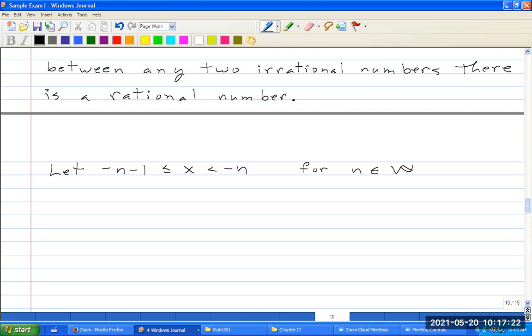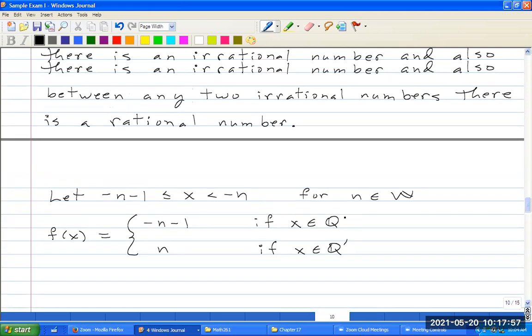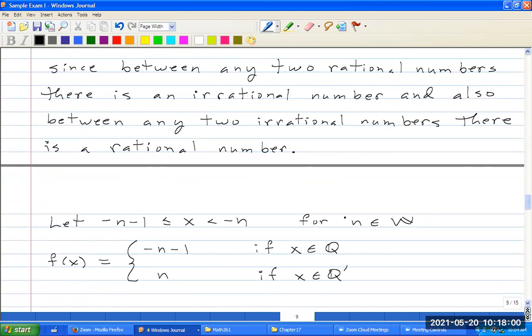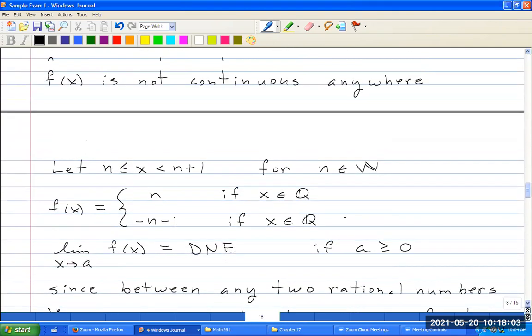Then f of x is equal to minus n minus 1 if x is rational, and it's equal to n if x is irrational. Unfortunately, I can't combine these. I almost am able to combine these, but I can't.